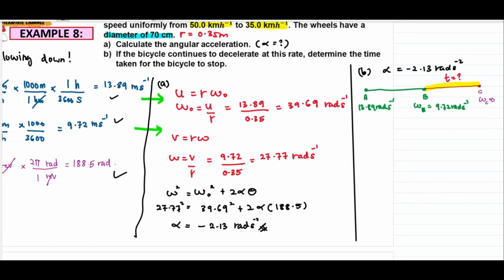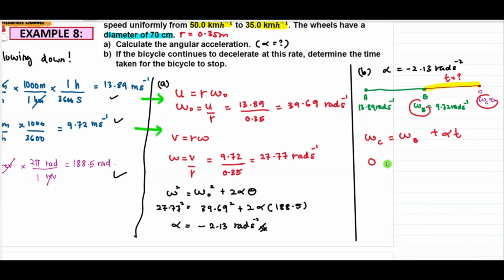Okay. So now we can calculate what is the time taken for the wheel to stop from B. So from B maknanya ini dia punya initial angular velocity and this is the final. Okay, so omega C final equal to initial at B plus alpha T. Kita guna tu. Kan?